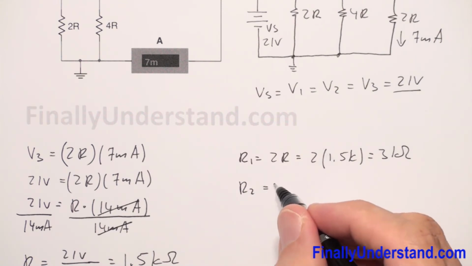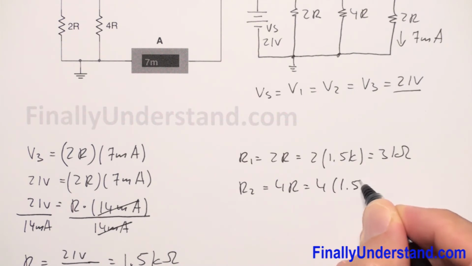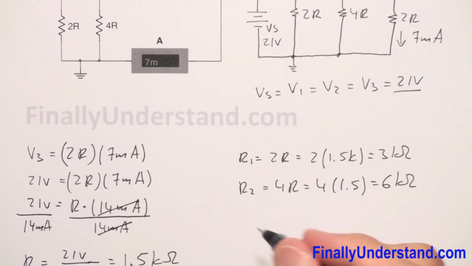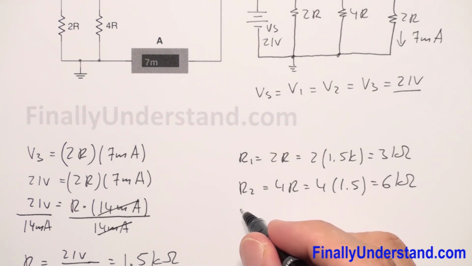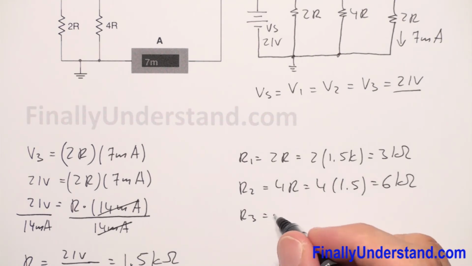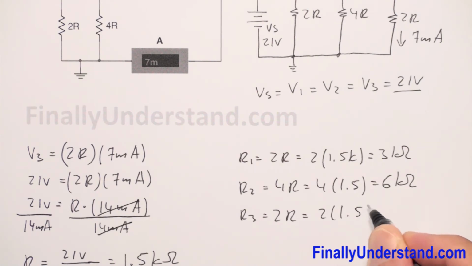R2 is equal to 4 times R. So this is 4 times 1.5, which is equal to 6 kilo ohms. And R3 is equal to 2R, and this is 2 times 1.5, of course, kilo ohms. So this is equal to 3 kilo ohms.